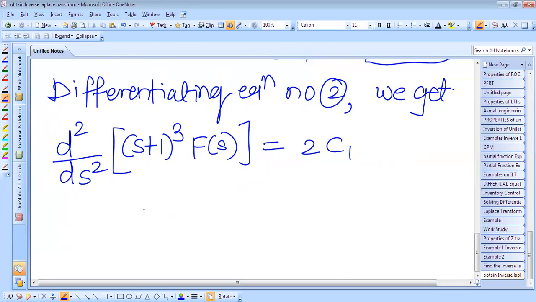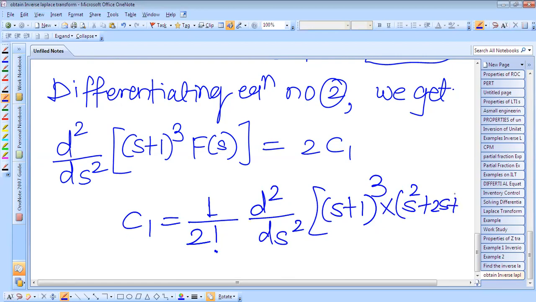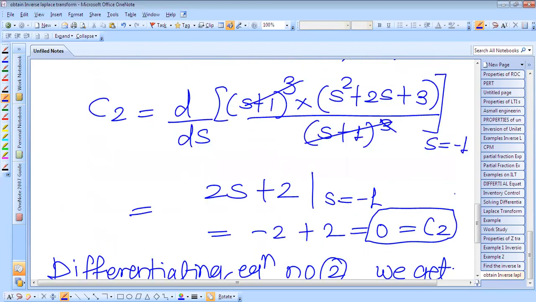So c1 is equal to 1 over 2 factorial, d square by ds square of s square plus 2s plus 3.